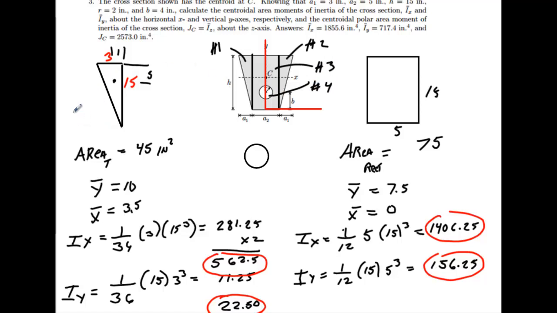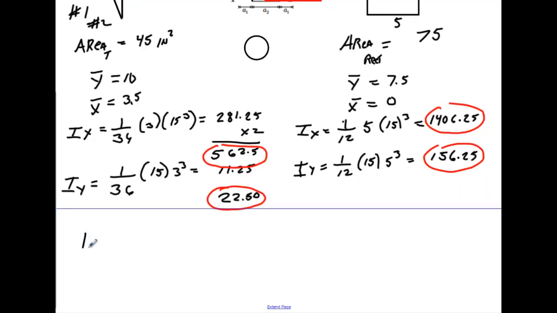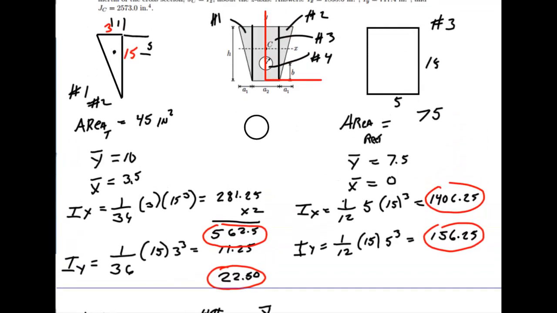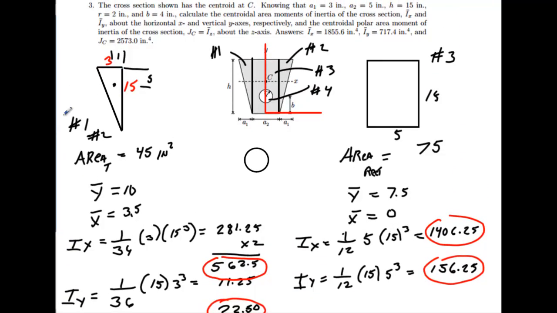So this is number 1 and number 2, and this is number 3, and now we'll do number 4, the circle. Pi r squared would give me the area of a circle, and we make that negative because it's taking area away. Its y bar is going to be the distance up, and I think that was given as 4. B was given as 4, if I remember right.